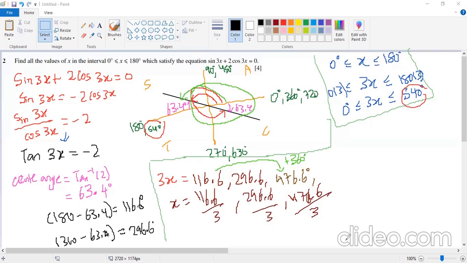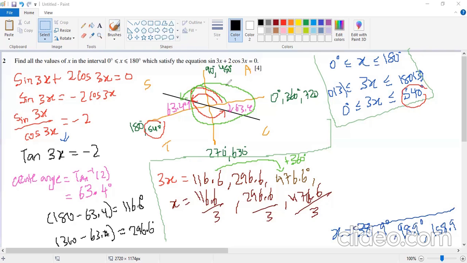Finally, we arrive at the answers. 116.6 over 3 is roughly, to 1 decimal place, 38.9 degrees. Then 296.6 divided by 3 is 98.9, and 476.6 divided by 3 is 158.9, to 1 decimal place.